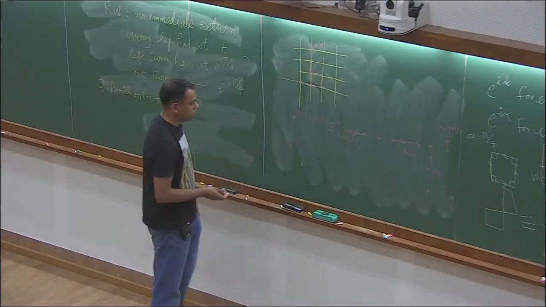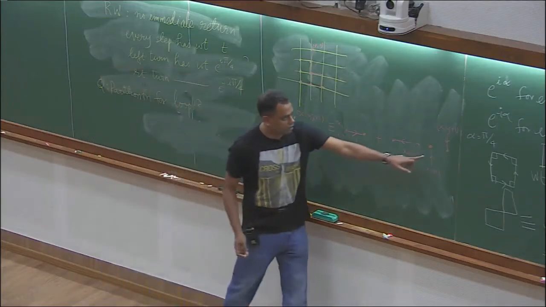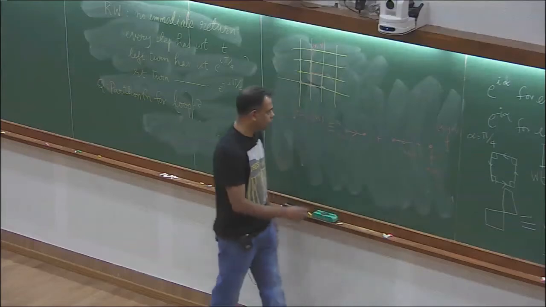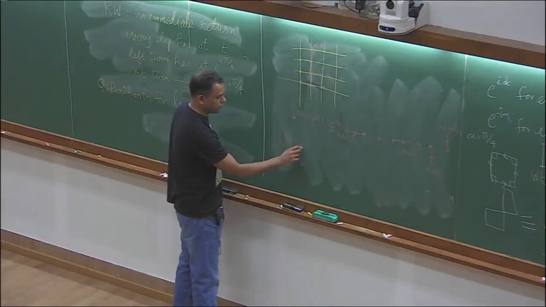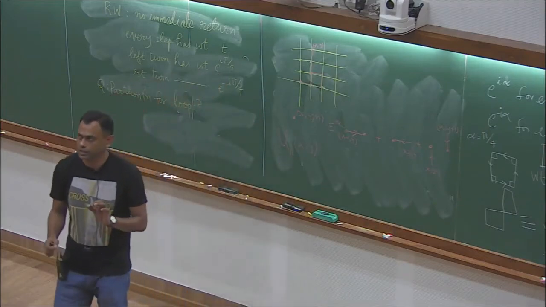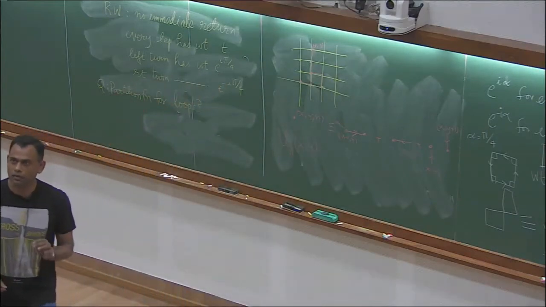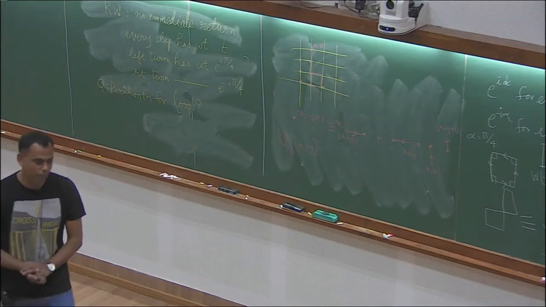Okay. So now let me define some quantities. I will call this quantity un of xy. It says I reach xy after n steps in the upward direction. Sorry, u for up.